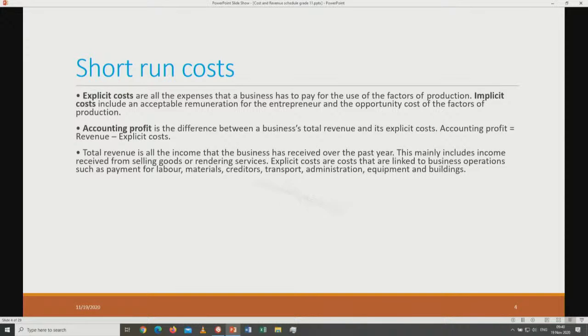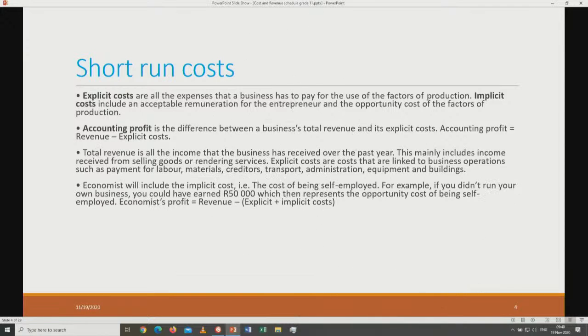Okay, now when we look at how economists calculate their profit, we said it is different from how accountants calculate it. Remember, with accountants, they take the total revenue of the business, and from the total revenue they subtract all explicit costs. They don't include implicit costs here.